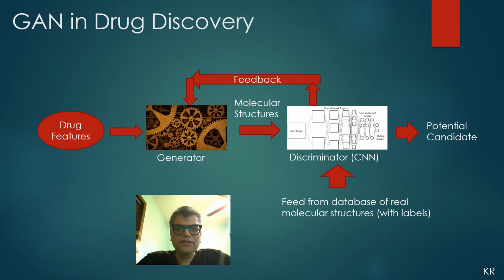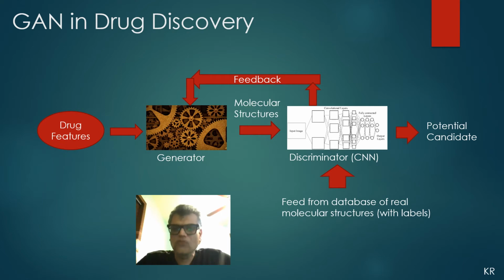This slide shows what we already discussed in a bit more detail. Like I mentioned earlier, the required features are fed into the generator from a molecular structure perspective for a required protein binding, and then the molecular structures generated by the generator are fed into the discriminator.